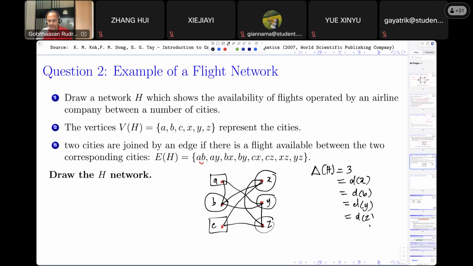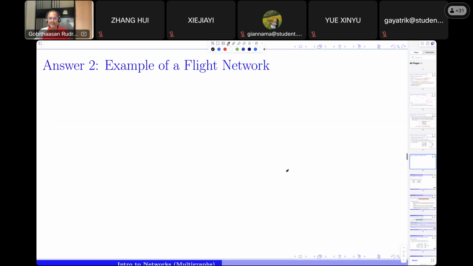The minimum, the lowest degree would be 2, which is for A and C. So basically that is the route for this flight. Of course, there are many other things that can be done, which we will be looking into in the next lectures. Anyway, that's the answer.